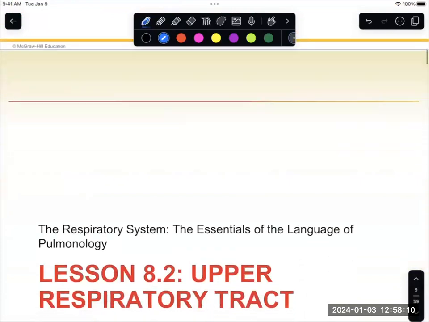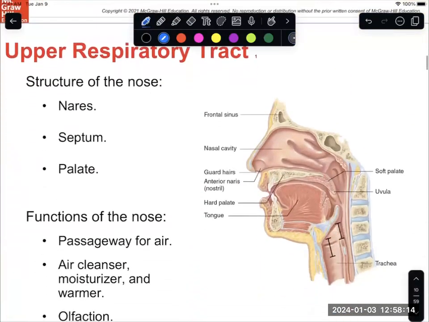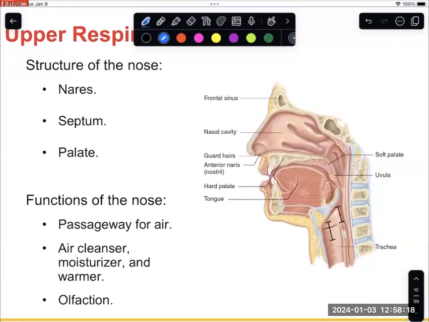So let's look at the upper respiratory tract. This upper respiratory tract is made up of nares or nostrils. These are the openings of your nose to the outside.